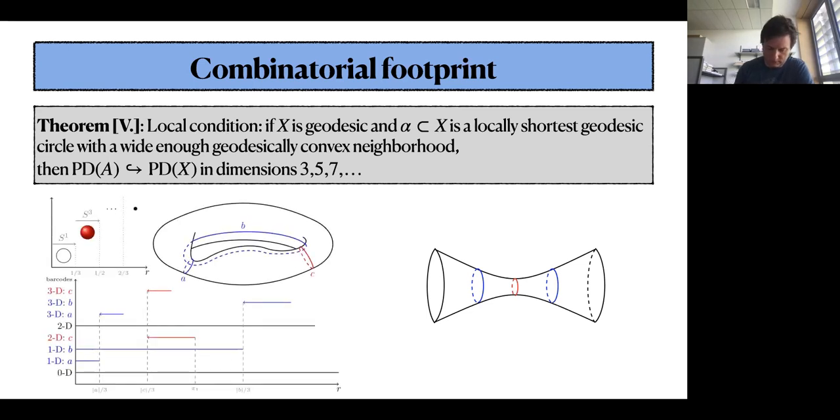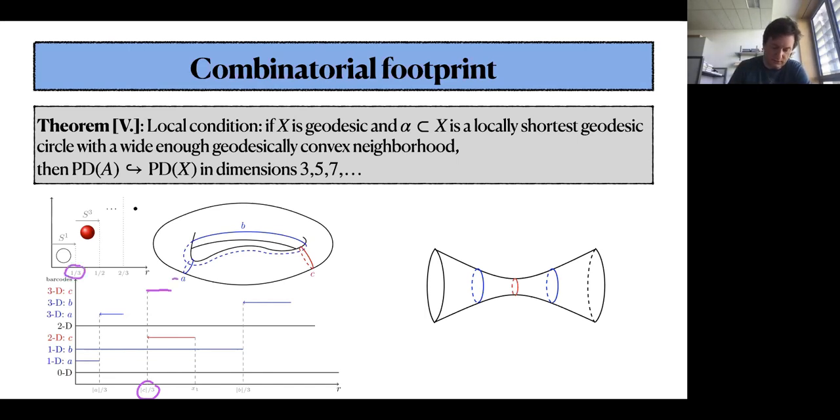So what would such a result explain? If you take this circle, this one kind of has a sufficiently large geodesically convex neighborhood. Maybe I don't know how to draw it nicely. And our theorem here states that it will generate a three-dimensional bar starting at 1/3 of the length of it, because it's a footprint of this combinatorics.